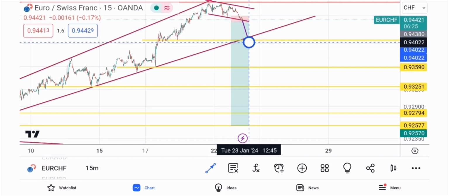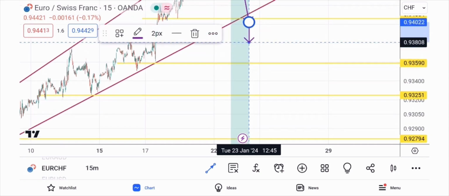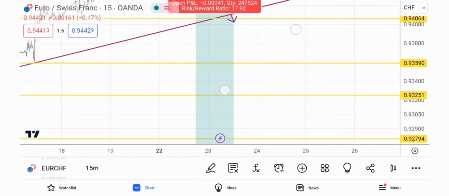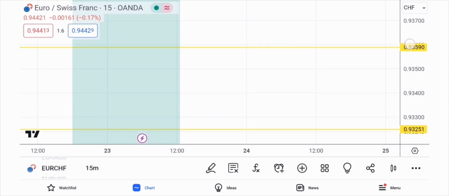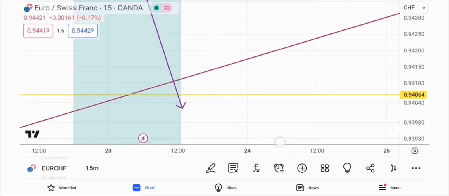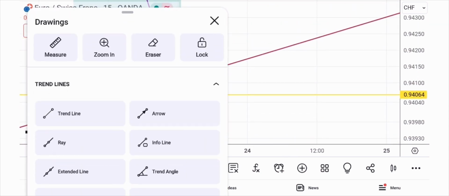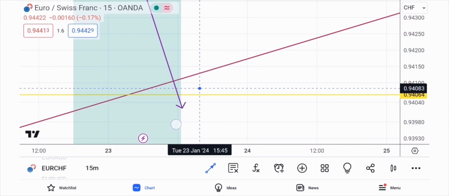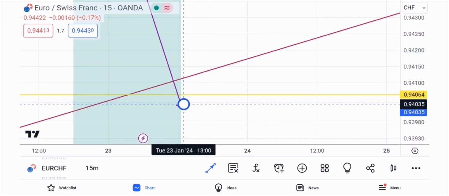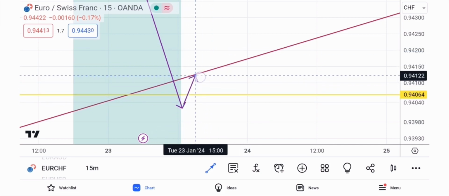Let me try to zoom in. Let me draw these lines so that you can see. When the market reaches this zone there, we are expecting a retest on the trend line. When it breaks out this trend line, we are expecting a retest.